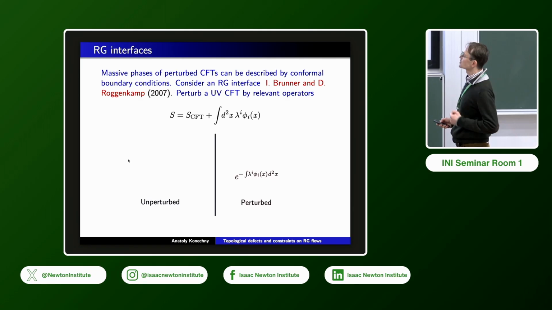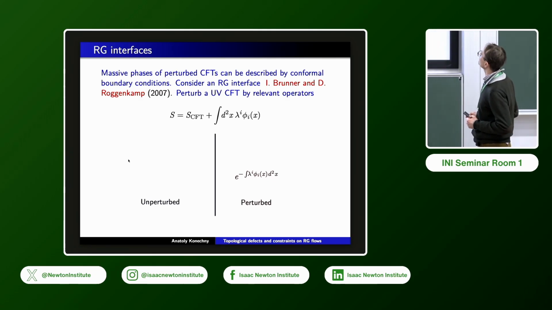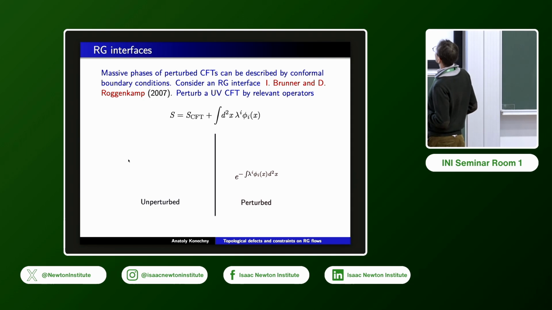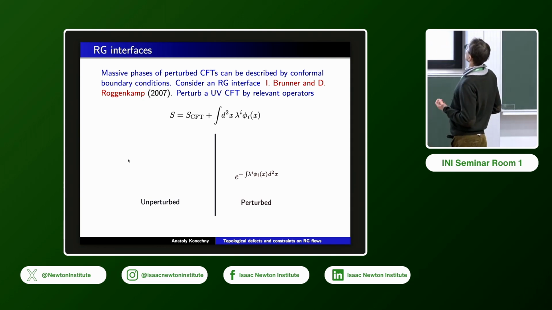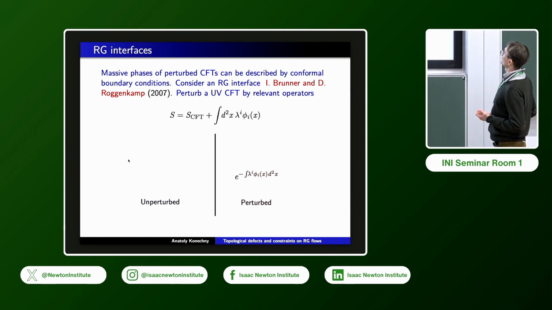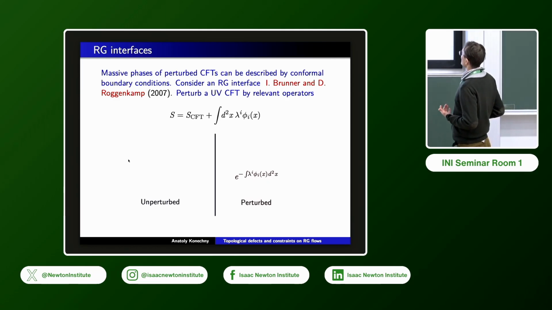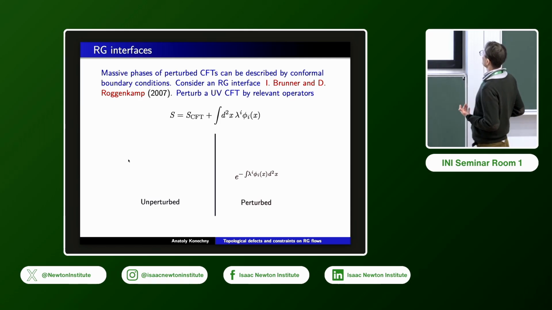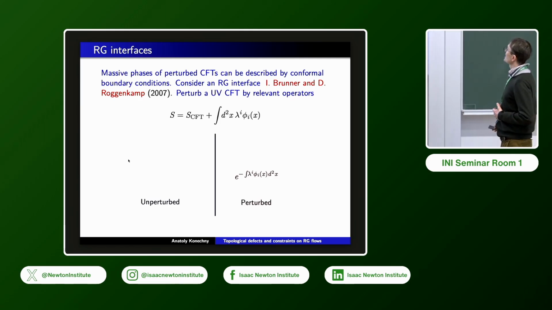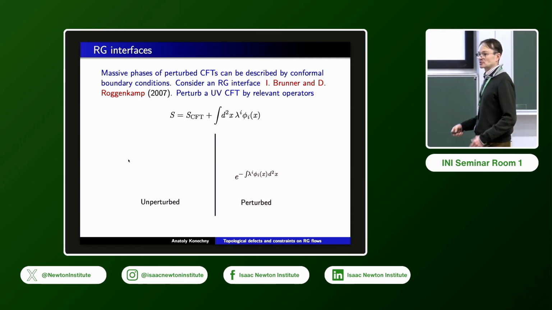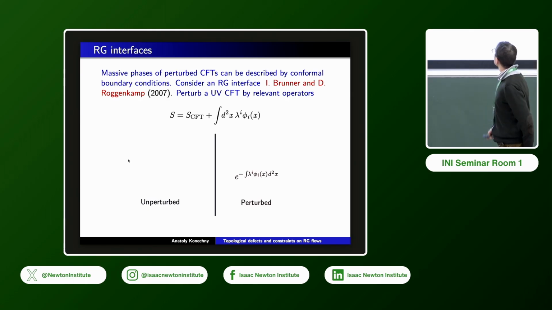I'd like to discuss this in more detail, but before that I want to introduce the object of RG interfaces. The idea goes back to the work by Brunner and Roggenkamp, who proposed to consider perturbing a CFT on a half space and then renormalizing it and seeing where that can flow.